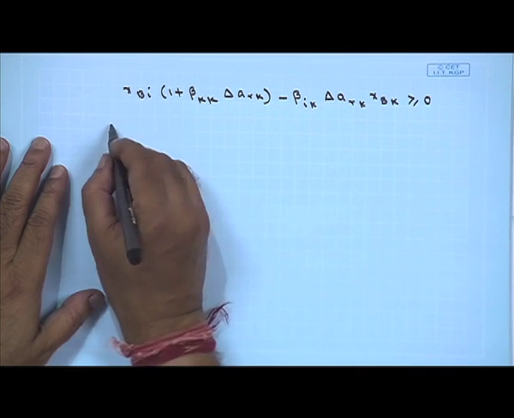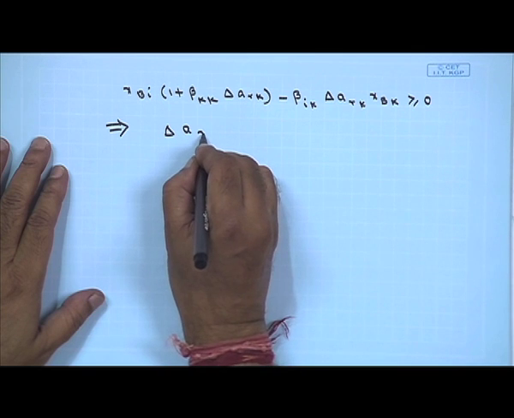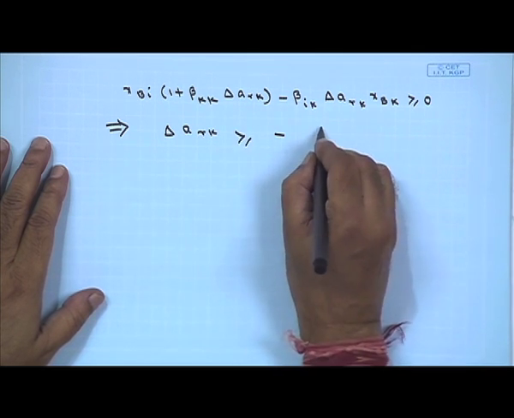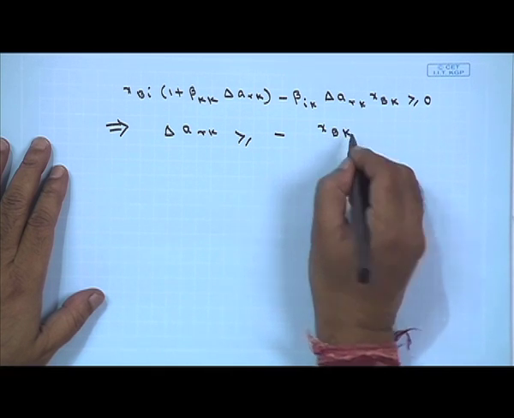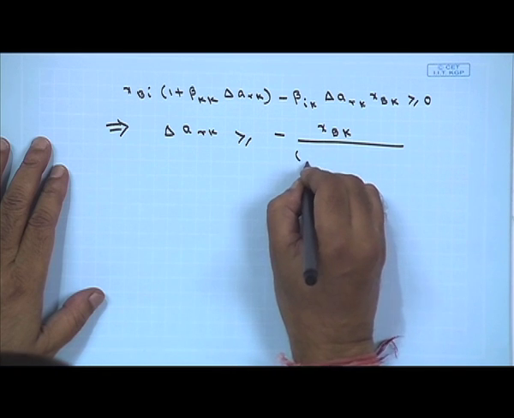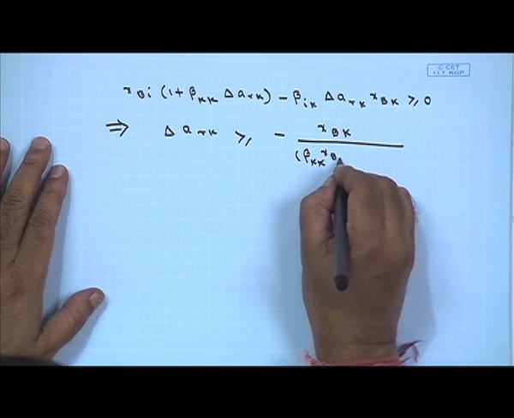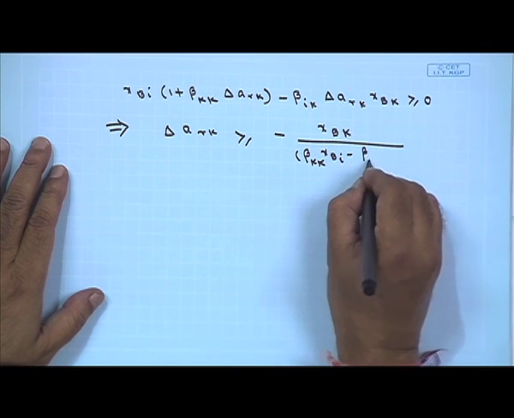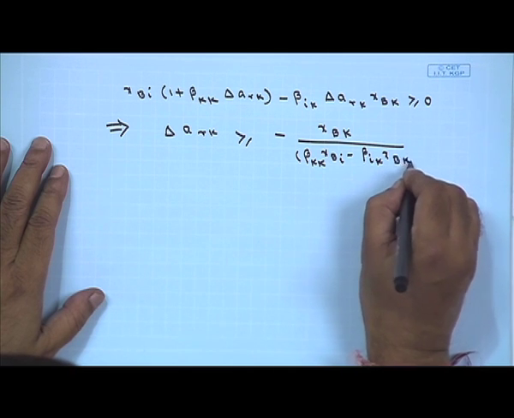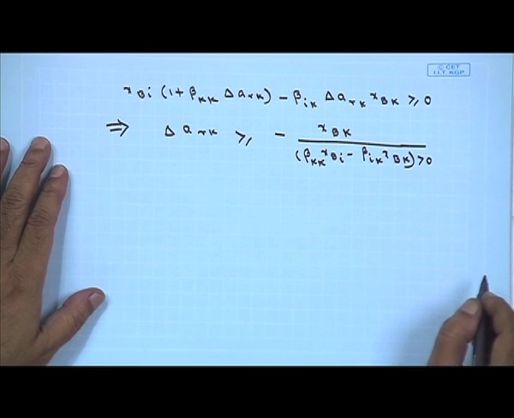So, from here with simple manipulation I can write delta a r k should be greater than or equal to minus x b k divided by beta k k x b i minus beta i k into x b k, whenever this quantity is greater than 0.